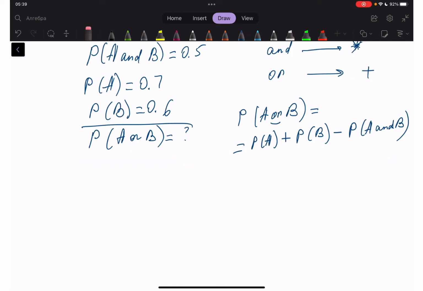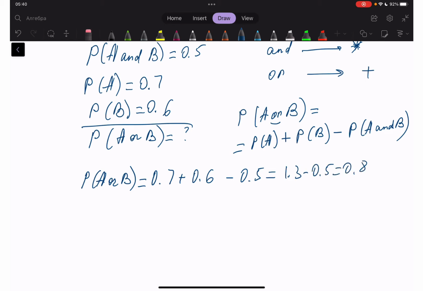So from here we can say that probability of A or B is equal to probability of A, 0.7, plus probability of B, 0.6, and minus probability of A and B, which is 0.5. So that means 0.7 plus 0.6 is 1.3, minus 0.5, it's going to be 0.8. Okay, let's see.